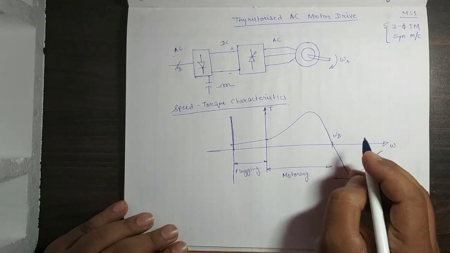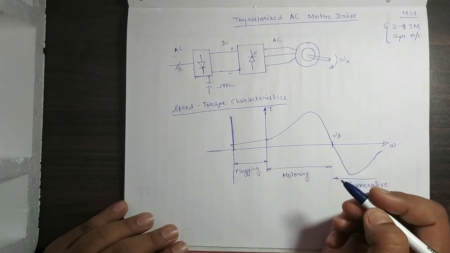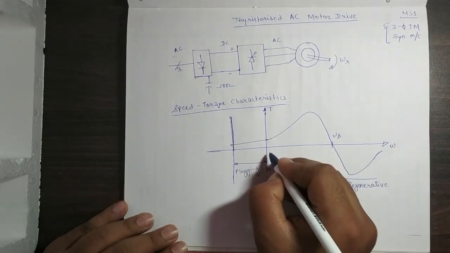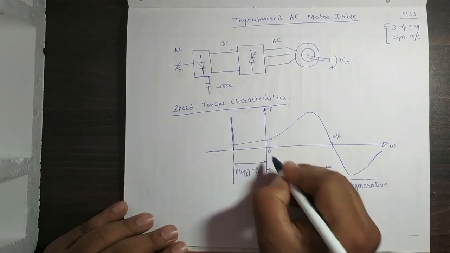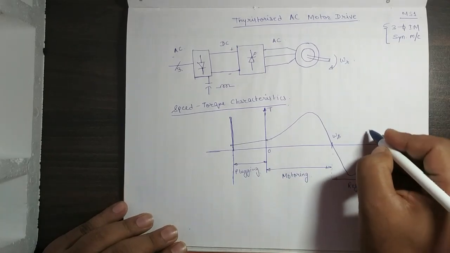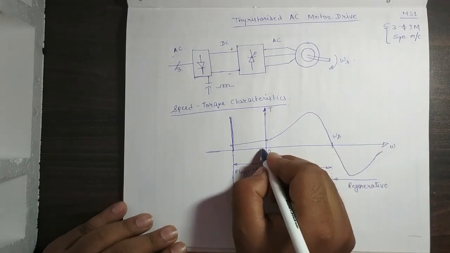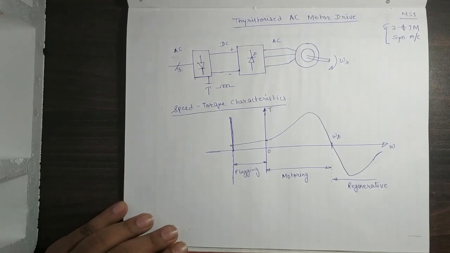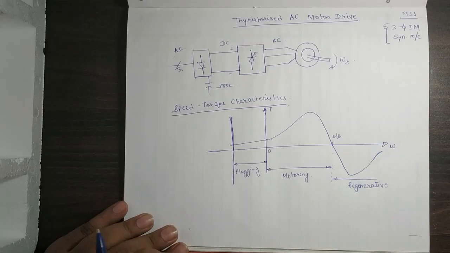This is omega s, and here the speed is 0. Here the speed is more than omega s, and here the speed is less than 0, in opposite direction. Less than 0 means there is speed in the opposite direction.